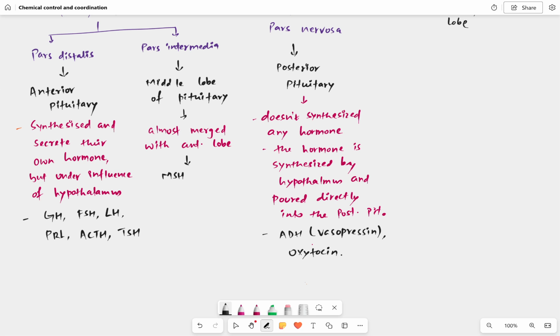As we have seen, the anterior pituitary synthesizes its hormones but under the influence of the hypothalamus, but the posterior pituitary is not synthesizing any hormone. Rather, it is storing the hormone which is directly synthesized by the hypothalamus and poured into the posterior lobe.